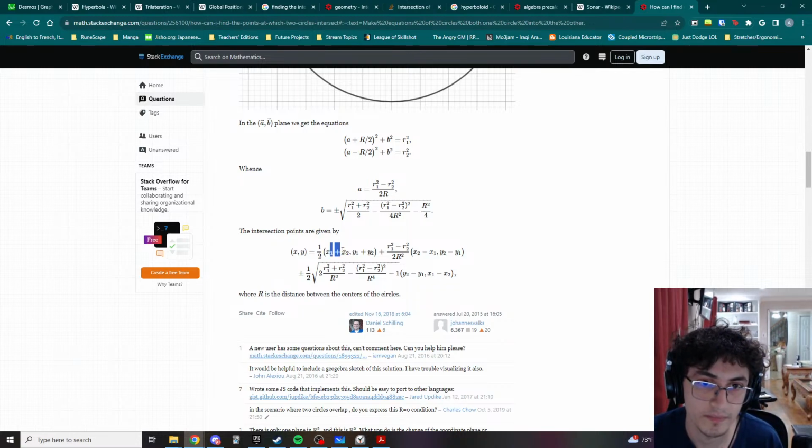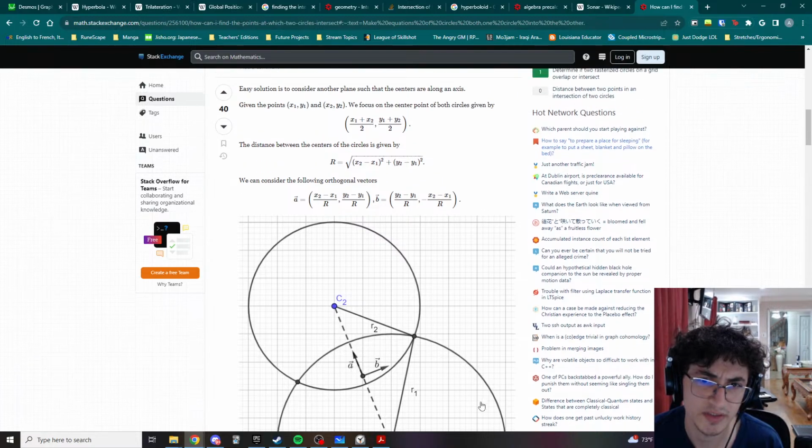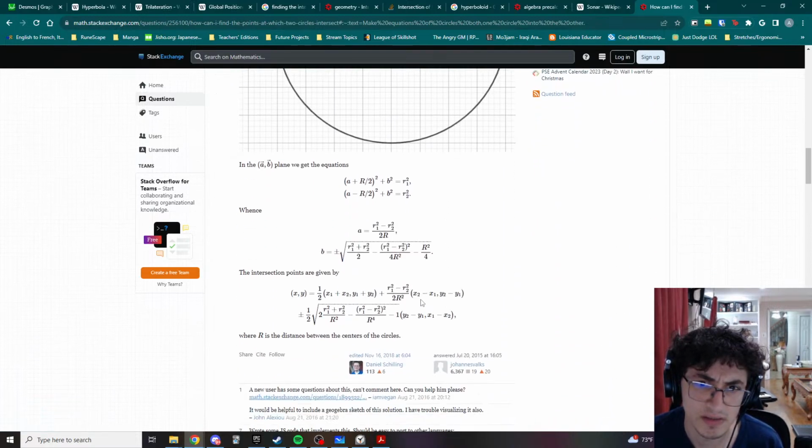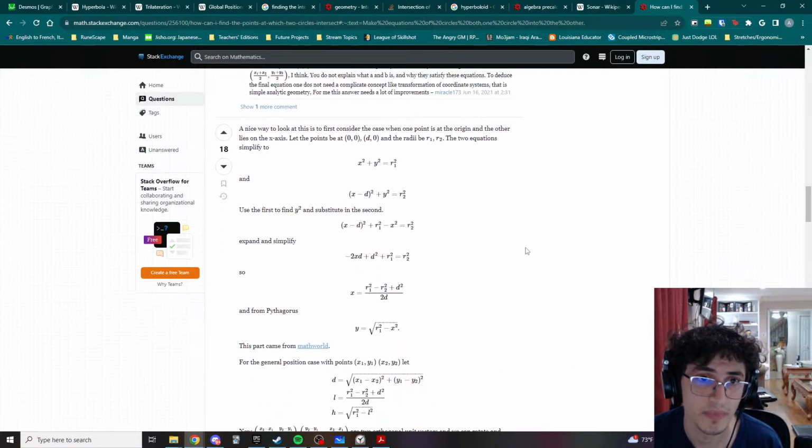Okay, yep. You add the two points together, halfway between them. Subtract the radii squared, divide by 2r. R represented what again? The distance between the centers? Sure, dog. I don't know, man.